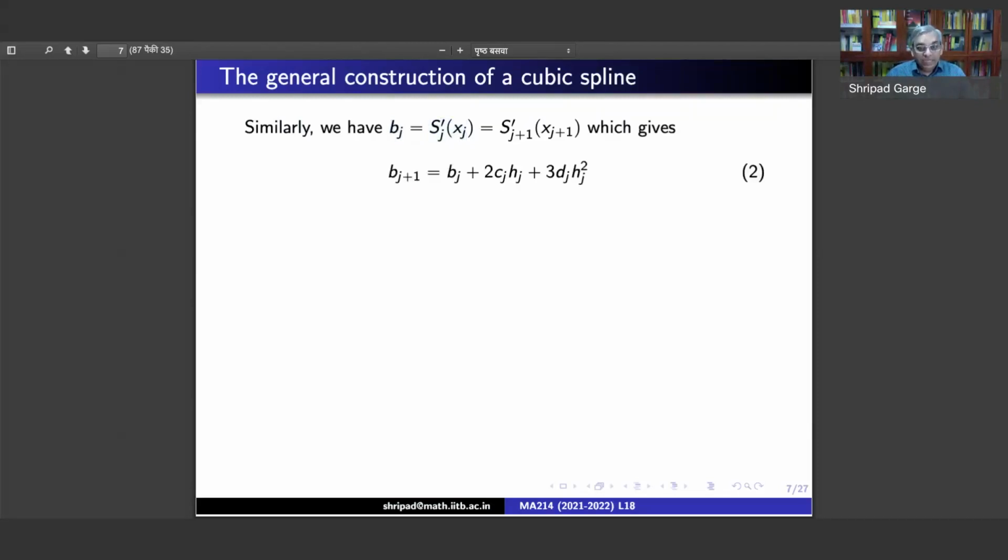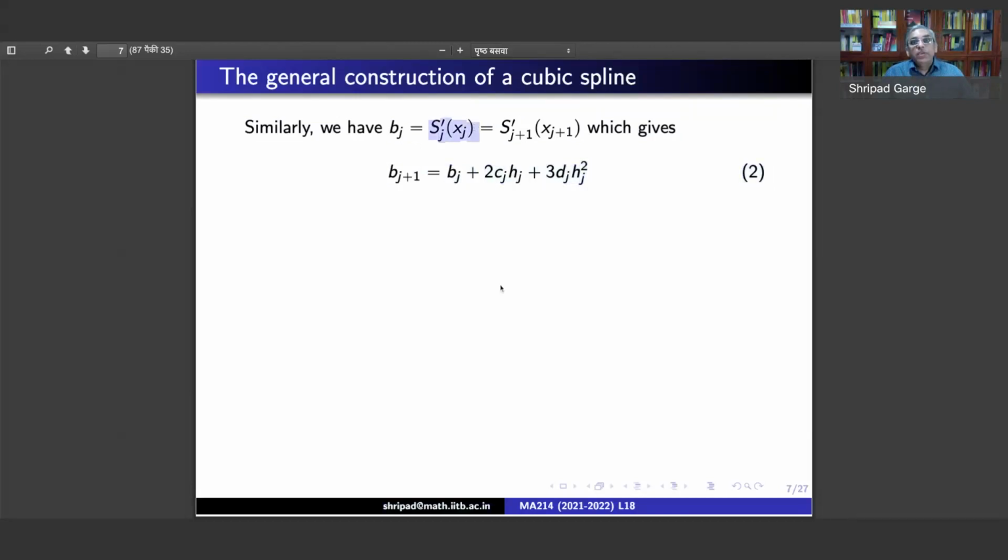So that will give, indeed, what we have in the next equation, that b of j plus 1 will come from sj plus 1 prime at xj plus 1, and the RHS should come from here.